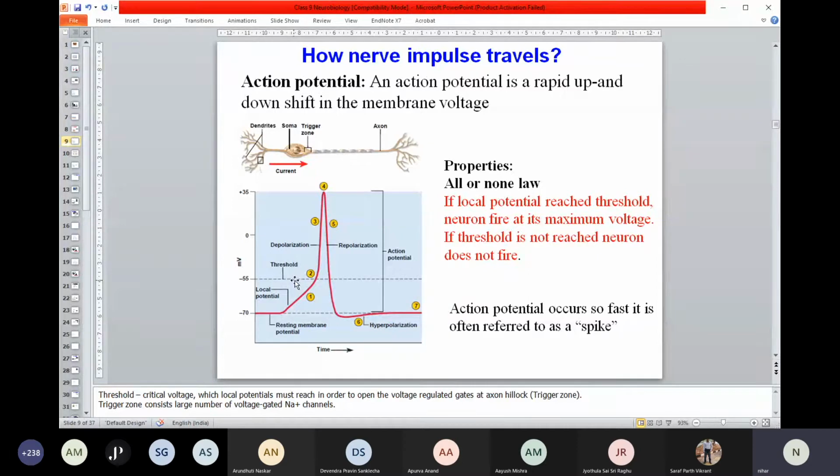It's called a voltage gated ion channel, because depending on the voltage, that channel now opens. This channel is called the voltage gated sodium channel. So at threshold value, the voltage gated sodium channel suddenly opens, and that leads to flooding in of lots of sodium ion inside the cell. And that's why it shoots up.